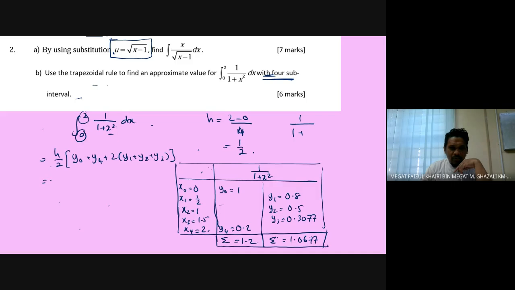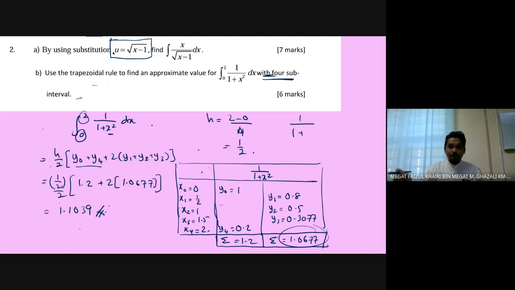So h over 2, h is 1 over 2, 1 over 2 divided by 2. Then y0 plus y4, 1.2, plus 2 times y1 plus y2 plus y3, which is 1.0677. Finally, it gives you 1.1039.